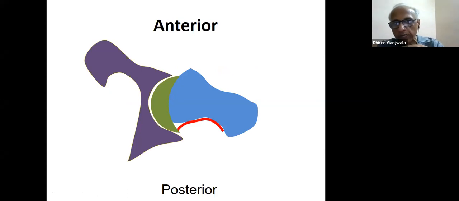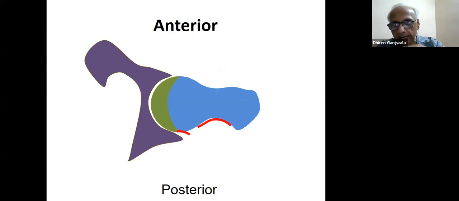Now when you try to reduce, on the back side there are retinacular vessels. Because of the persistent displacement, they have become short. When you try to reduce it, these vessels will be torn, and ultimately that will lead to loss of blood supply of the physis and epiphysis, and that will lead to avascular necrosis.